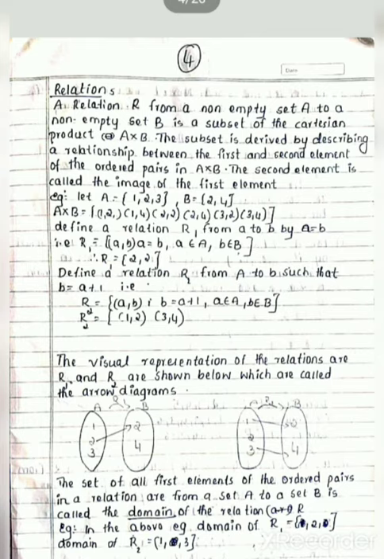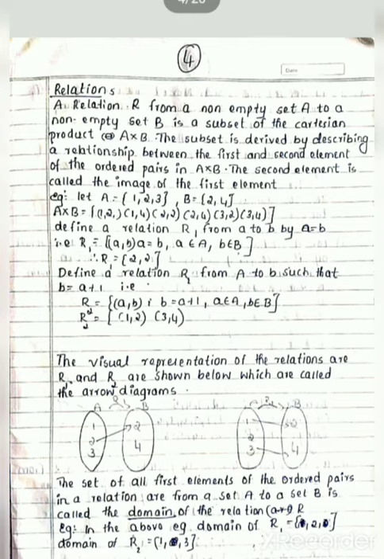A relation R, we name the relation as R. So, a relation R from a non-empty set A to a non-empty set B is a subset of the Cartesian product A cross B. Subset of the Cartesian product A cross B. To understand this, you need to know what are sets, what are non-empty sets, what is Cartesian product.